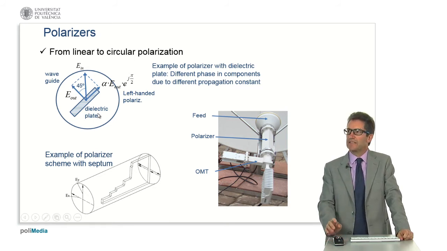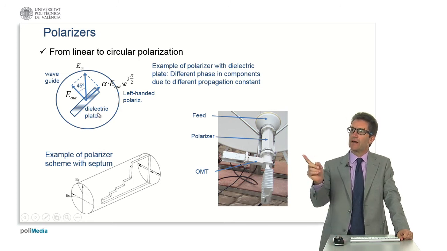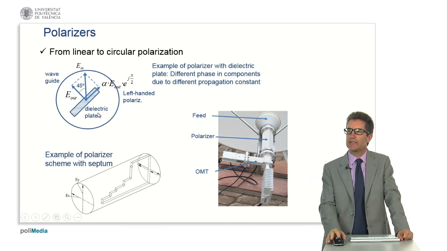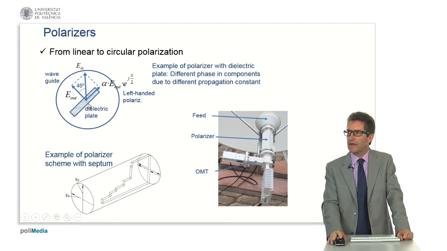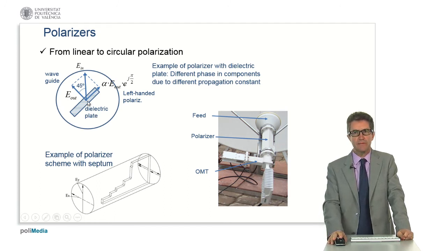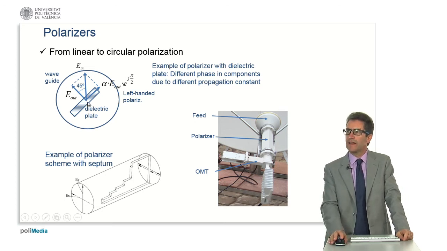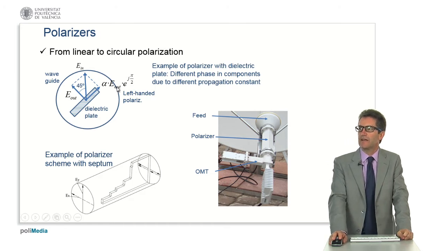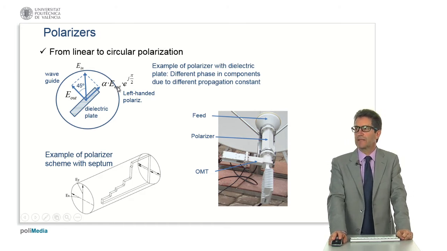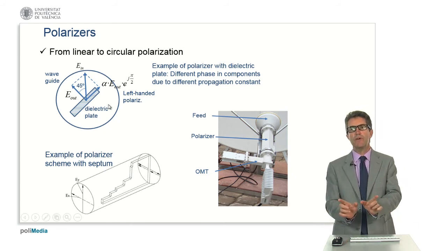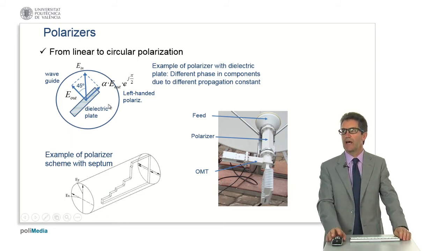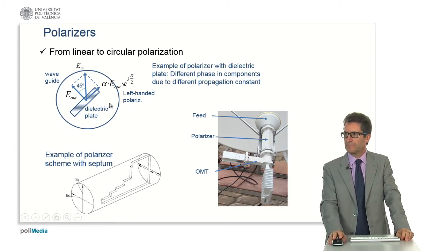So if the incident field is decomposed in two components, one perpendicular to the dielectric plate and the other in the same direction, with the appropriate permittivity properties of the dielectric and the appropriate length, we can finally get at the output the two components in which one of them is phased 90 degrees with respect to the other normal component. So by combining again these two components, we obtain at the output a circular polarization.